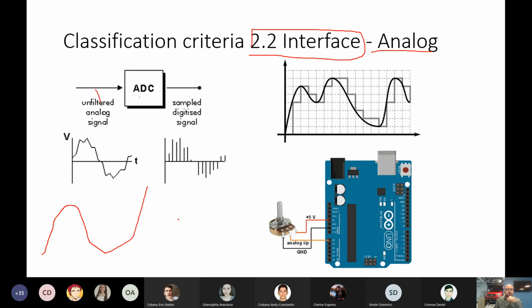What does it mean to be continuous? What does it mean to have a continuous signal? Okay, continuous is not interrupted. It's a kind of string.